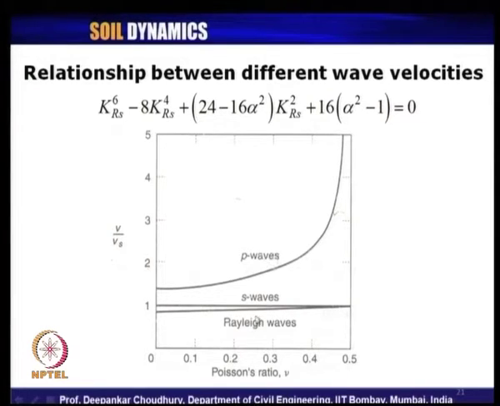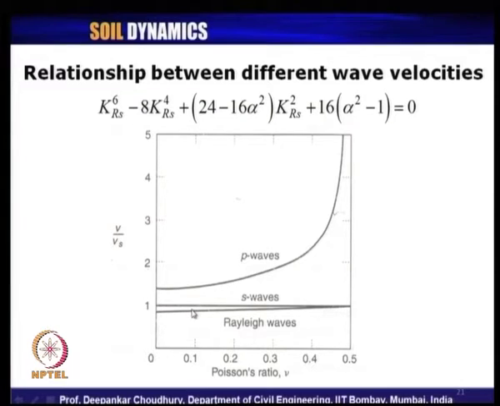Also, if you see the variation of Rayleigh wave with respect to S wave, it is pretty close. The velocity of Rayleigh wave is very close to S wave velocity. It depends on the mu value, but for all practical purposes we can assume Rayleigh wave velocity is about 90% of shear wave velocity.